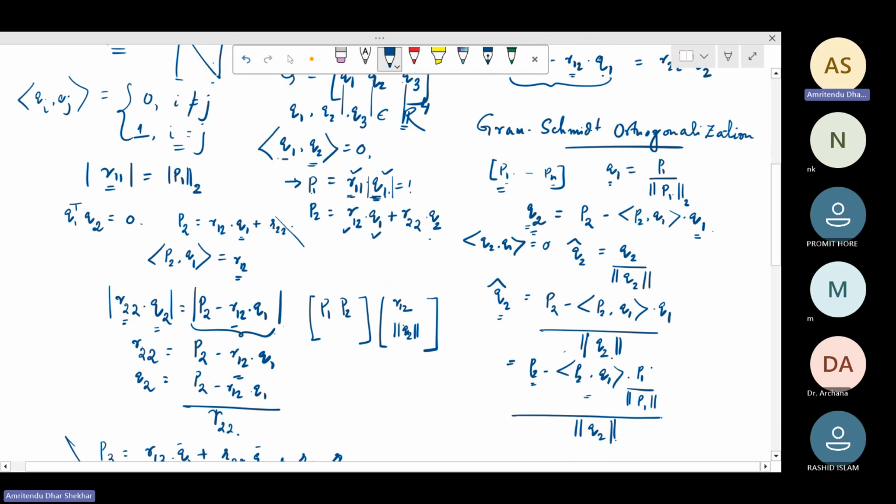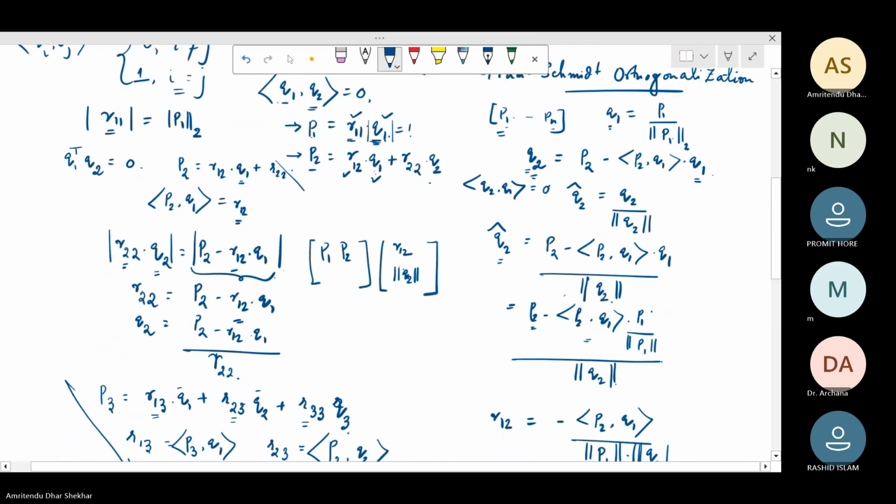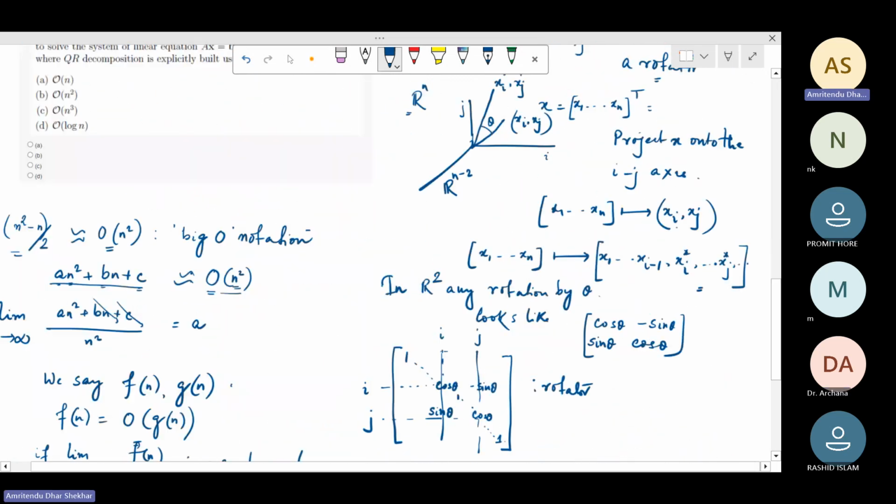Next, you have to solve, let's say, this equation. P2 equals R12 Q1 plus R22 Q2. Now Q1 and Q2 are orthogonal to each other. So if you take an inner product with Q1, let me write it here.